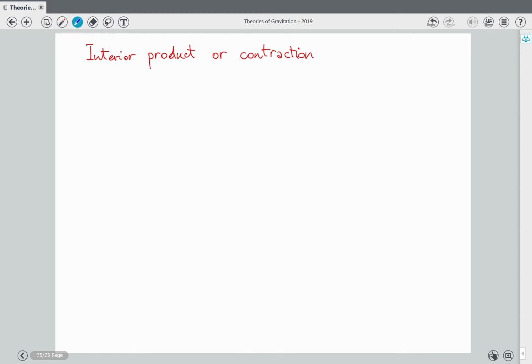What is it? Let V denote a vector field, and omega a k-form. Then the contraction of V with omega is denoted by i_V omega. That is a form of degree k minus 1.